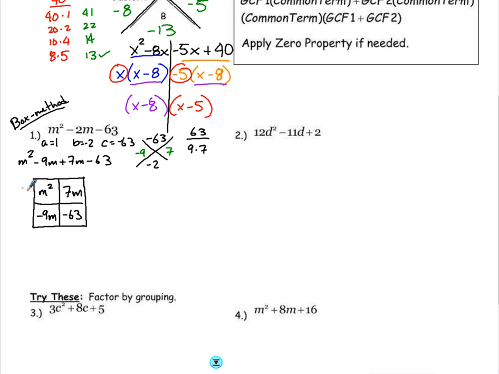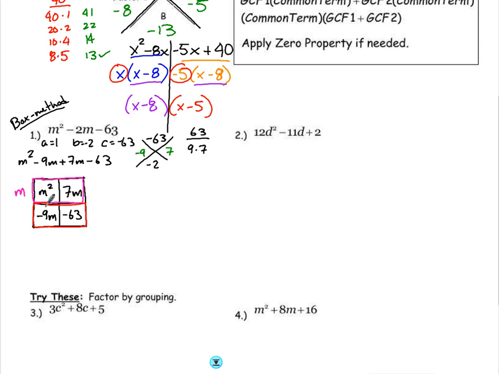I'll look at this purple box. And when I look at these two boxes, what is the common factor that those two terms share? M squared and 7m share an m factor. So I'm going to write that out to the side. Now let's look at the bottom pair of terms, the second row, negative 9m and negative 63.